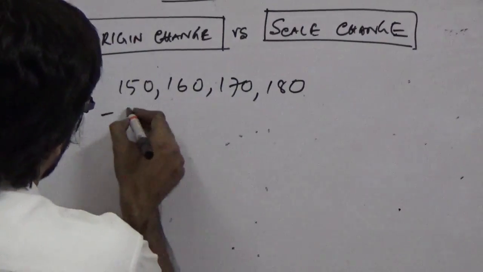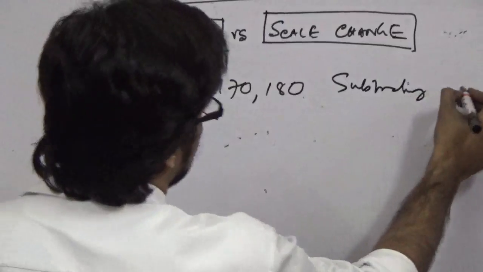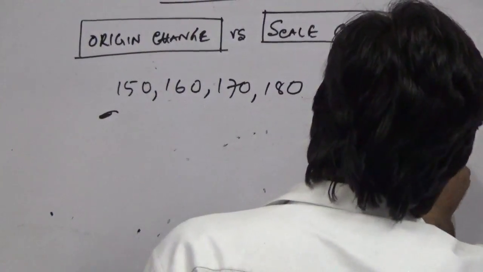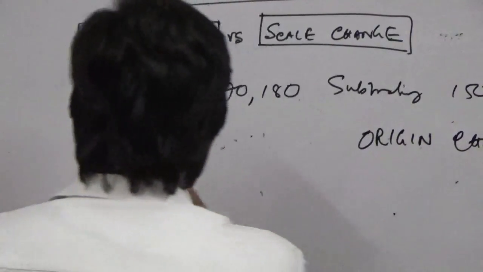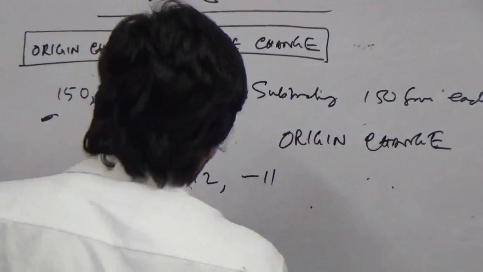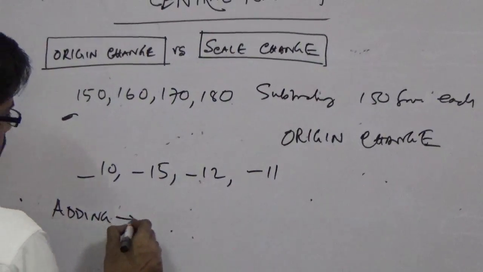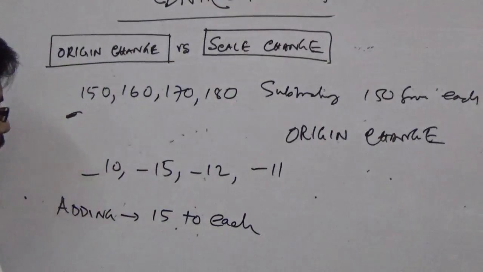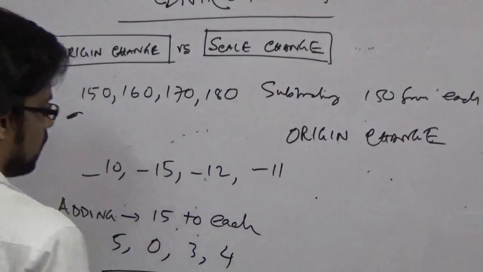So subtracting 150 from each is an origin change. Even if the values are like minus 10, minus 15, minus 12, minus 11, in order to make it positive, adding 15 to each will make it 5, 0, 3 and 4, all values positive.